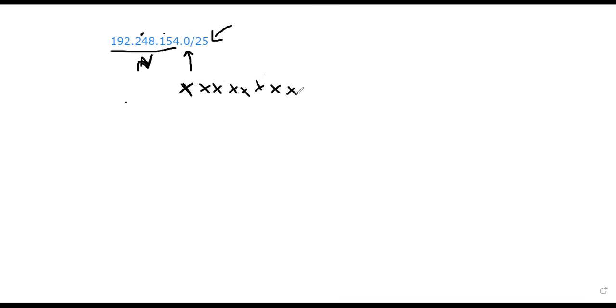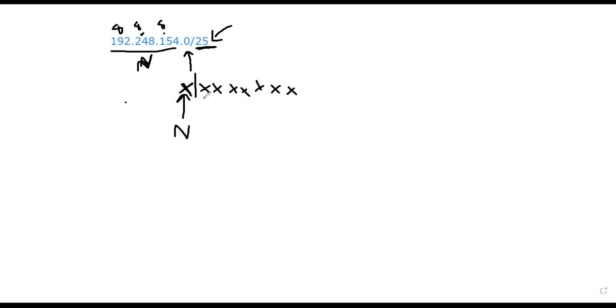This bit is allocated for the net because they have given 25 bits allocated for the net. So 8, 8, 8 is 24, plus this bit, it's going to be 25.